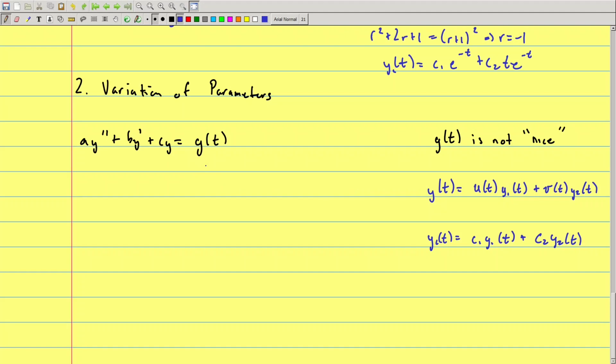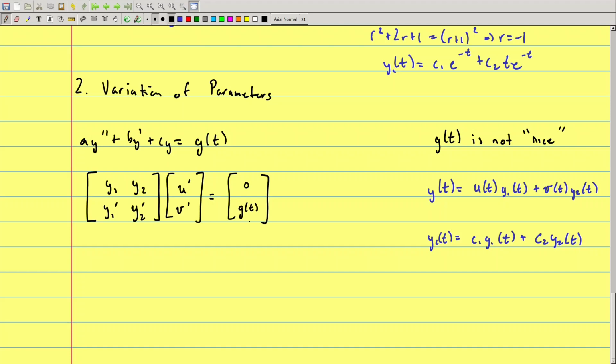It will require that we add an assumption to this system in order to get everything to work out the way that we want it to, but the end result is a matrix equation in the following form. Okay, so this is our system of two equations and two unknowns.